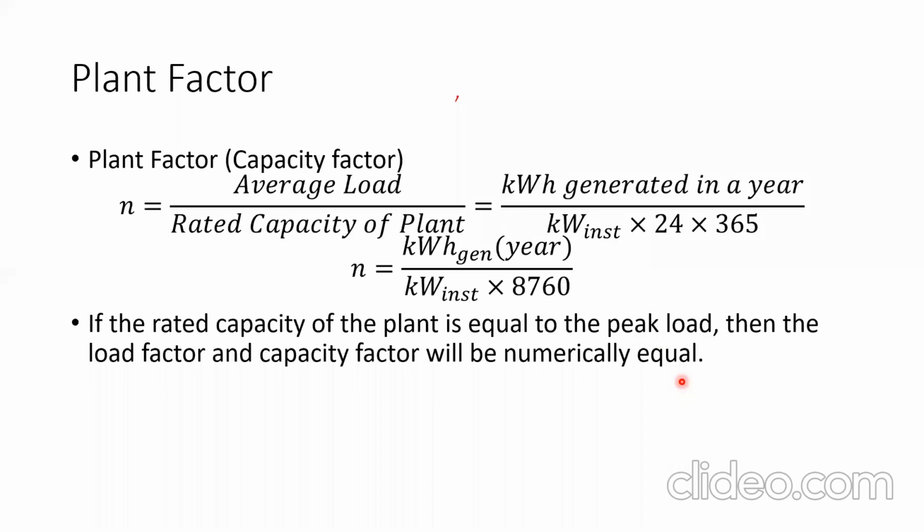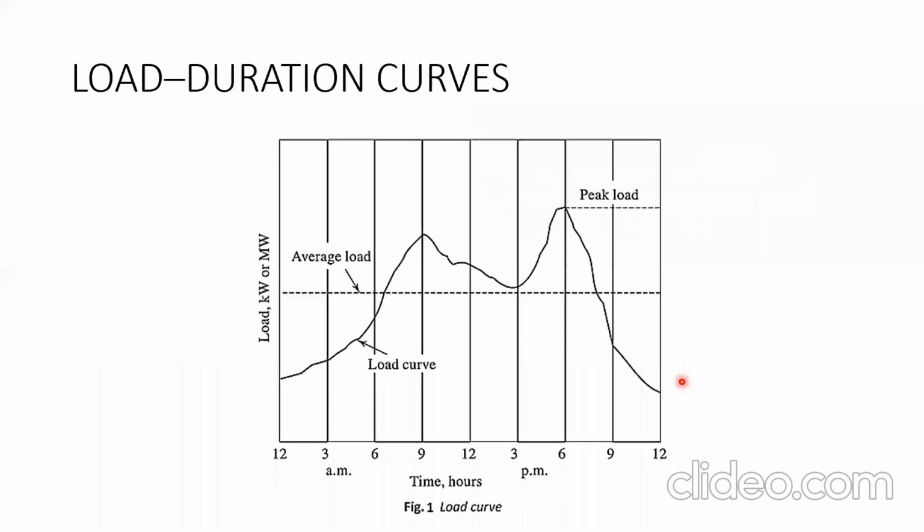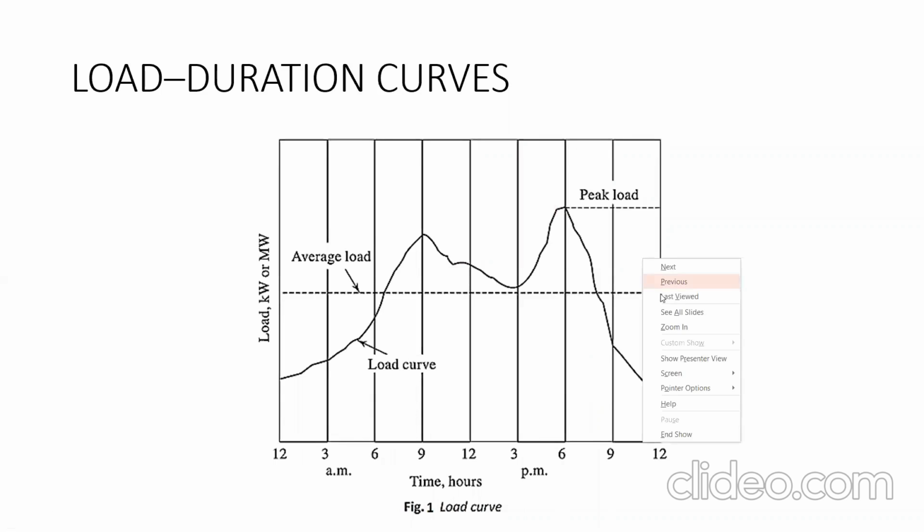As I have already mentioned, suppose this is the peak demand. Then the capacity of the plant is selected greater than the peak demand.